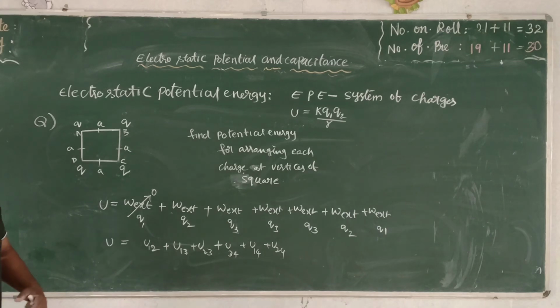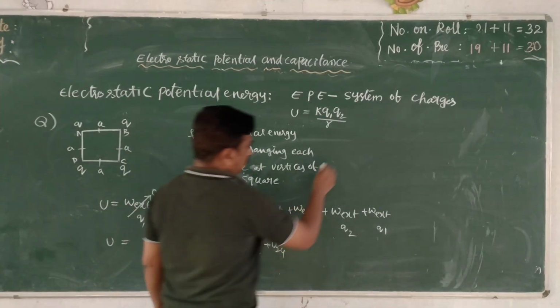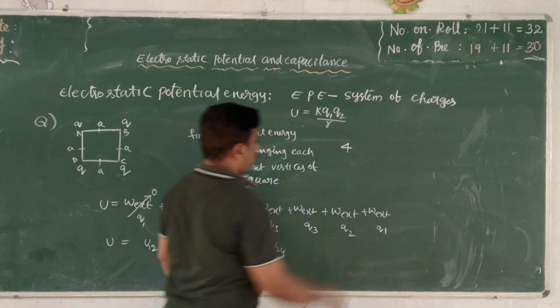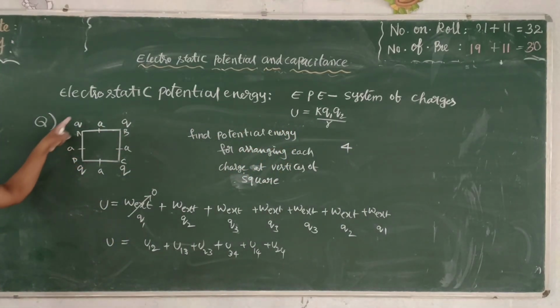For all arrangements, how many configurations are there? For that we have one formula. How many charges are we arranging on vertices? 4 charges and 4 vertices. How many combinations, two at a time?